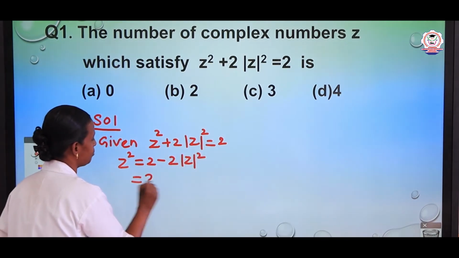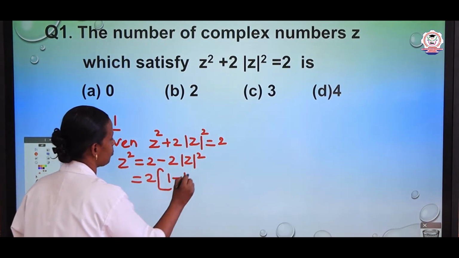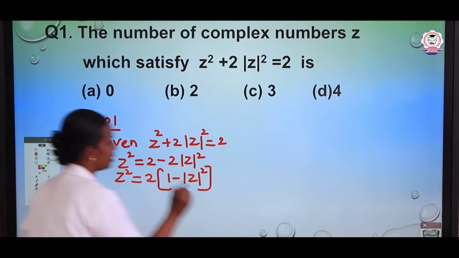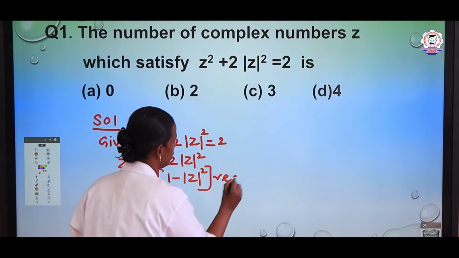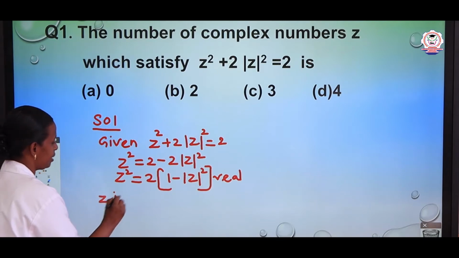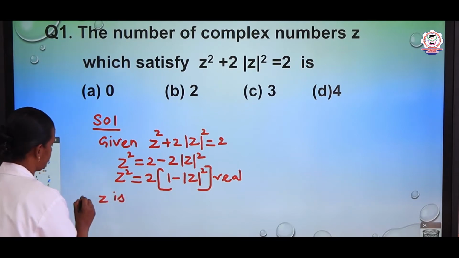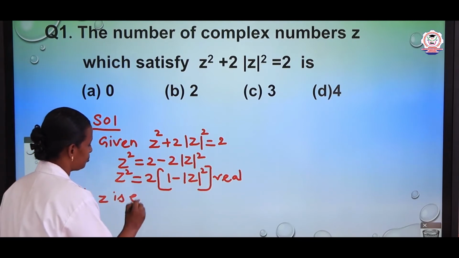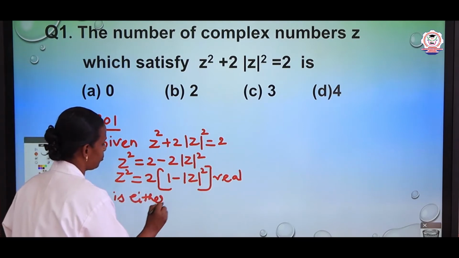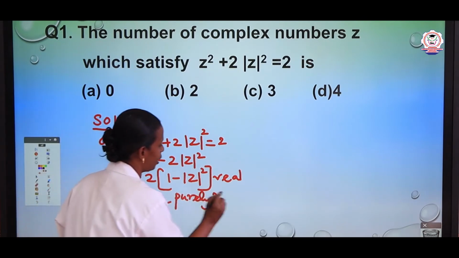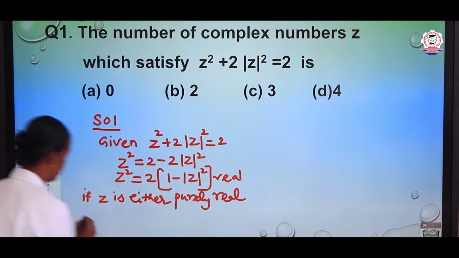Taking 2 outside, 2 into 1 minus modulus of Z square. This is real if Z is either purely real or imaginary.